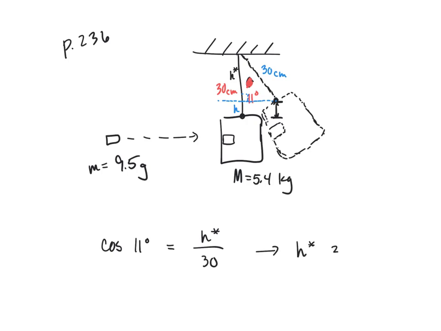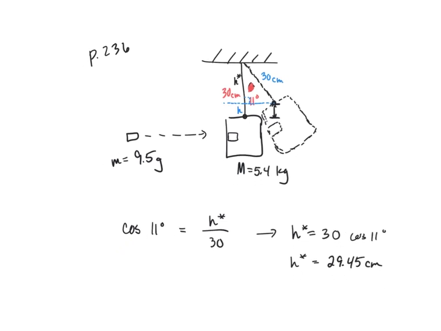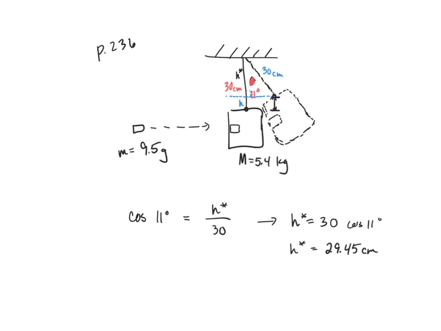Therefore, H star is equal to 30 times the cosine of 11. Can somebody give me a number for that real quick? 29.4. Okay, if that's H star, subtract that from 30, so we get 0.55 for H. So there's the change in height, 0.55 centimeters.